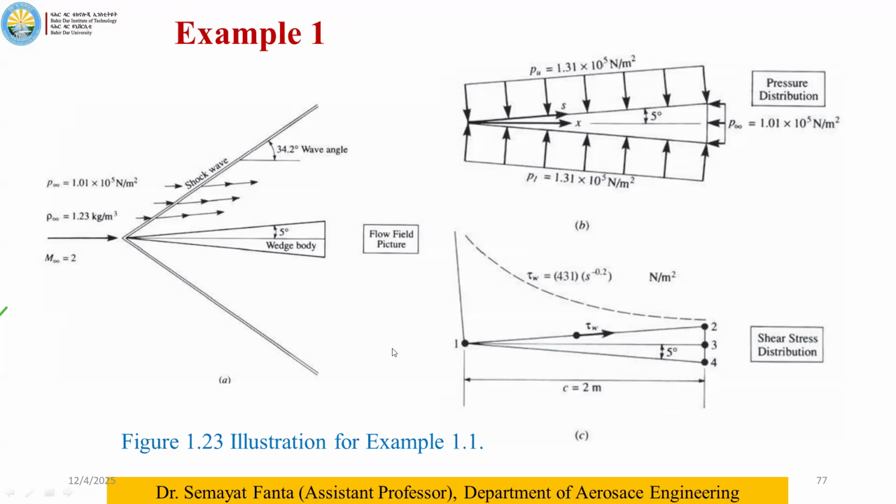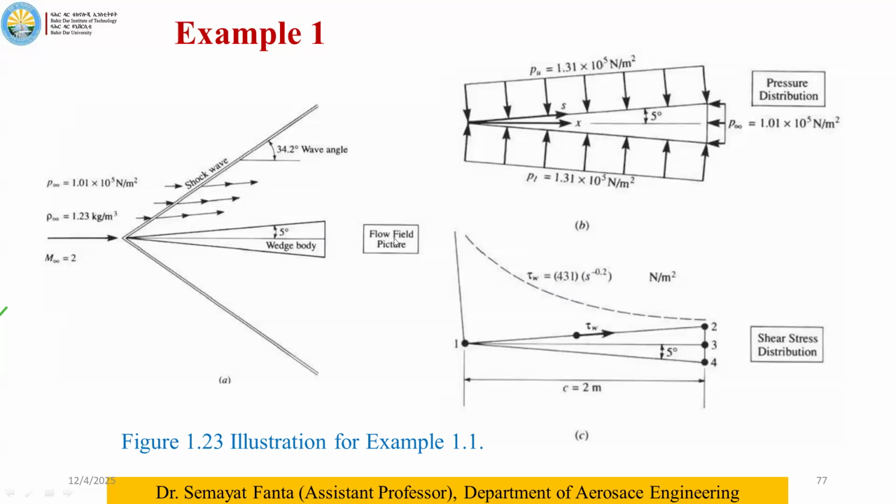At the same time, the shear force is also given. The shear stress on the wedge is tau equals 431 times s to the power of minus 0.2, and the chord length c is equal to 2 meters.